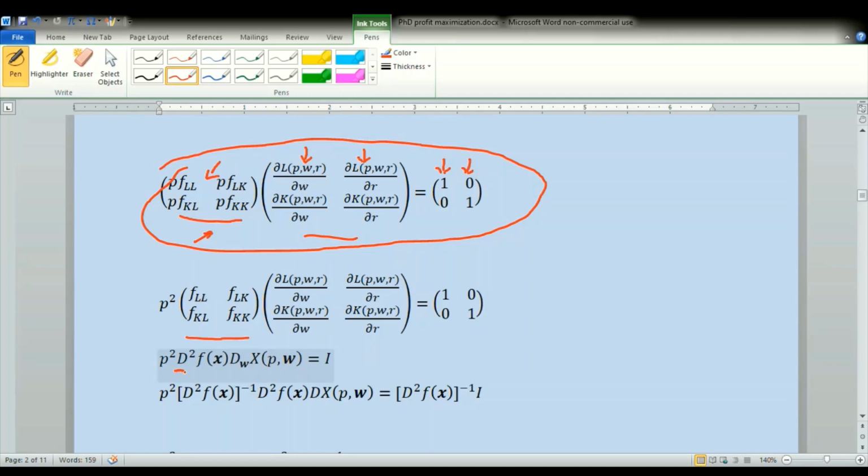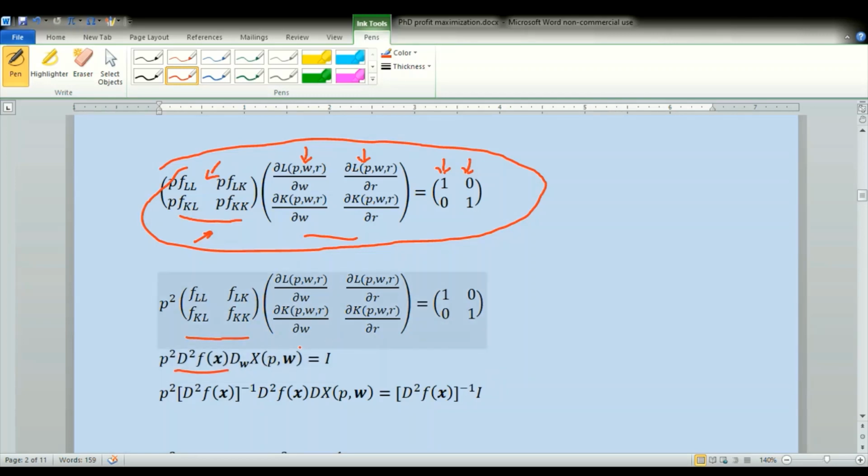X in our example include labor and capital in n factors of production. This X will be an n-dimensional vector, and so D2 will be an n by n matrix like we have here.